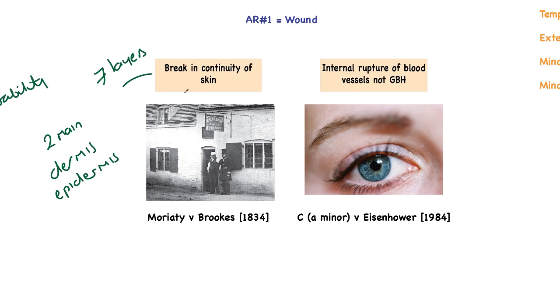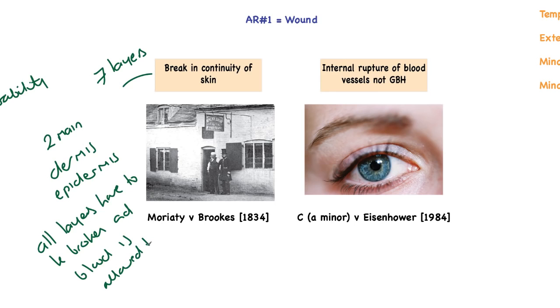And what this means is that all layers of the skin have to be broken, and blood is allowed to flow freely. It's a nice phrase to remember when you're talking about a wounding. A wound is a break in the continuity of all layers of the skin, and blood is allowed to flow freely. That essentially is the decision in Moriarty versus Brooks of what a wound is.